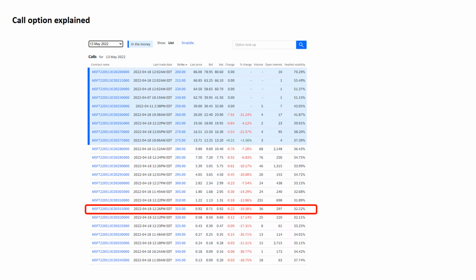And so this is what option contracts do. They allow people to be able to take a chance on either buying or selling 100 units of shares at a set price at a set time in the future.